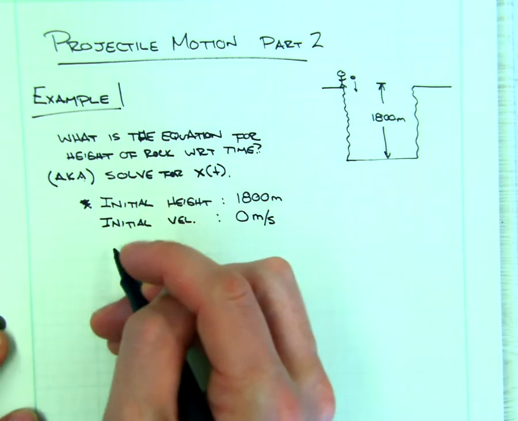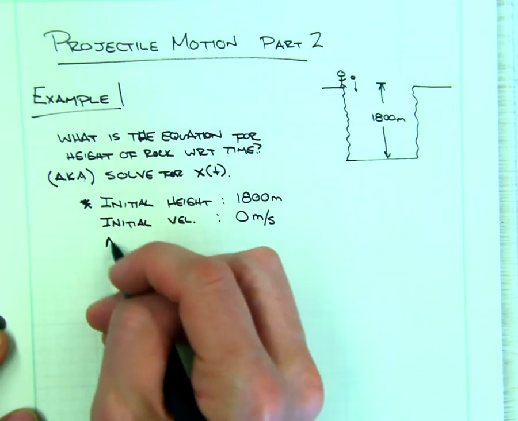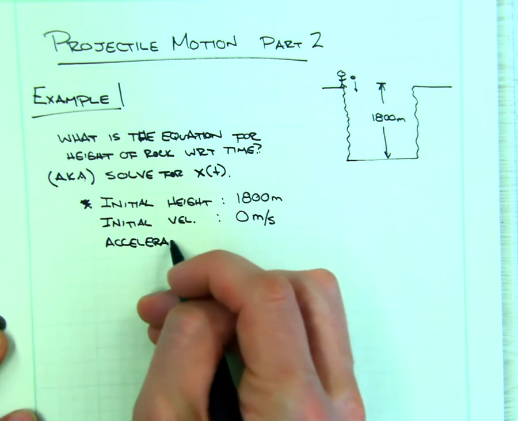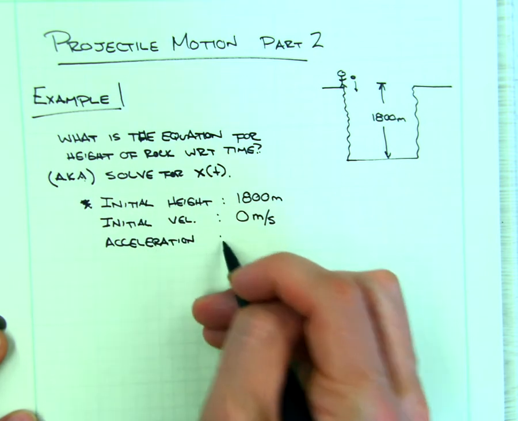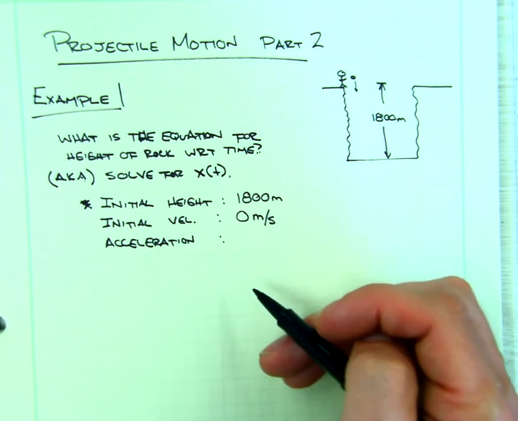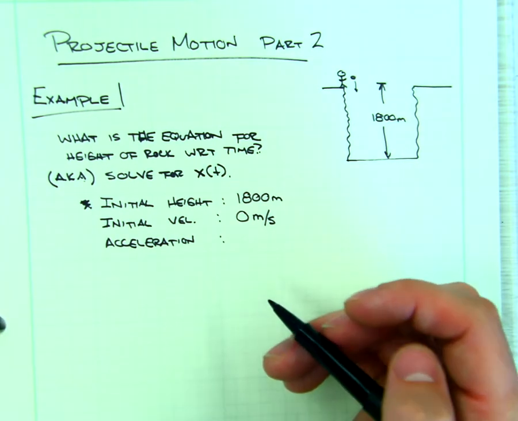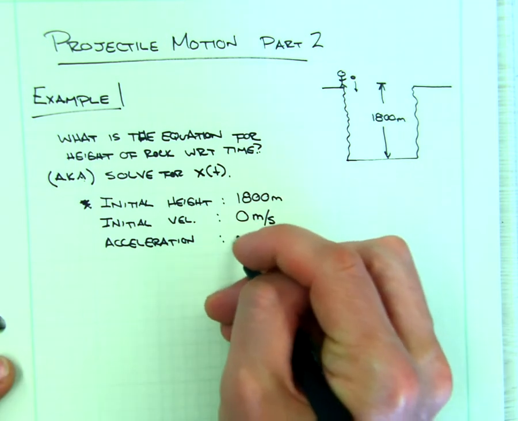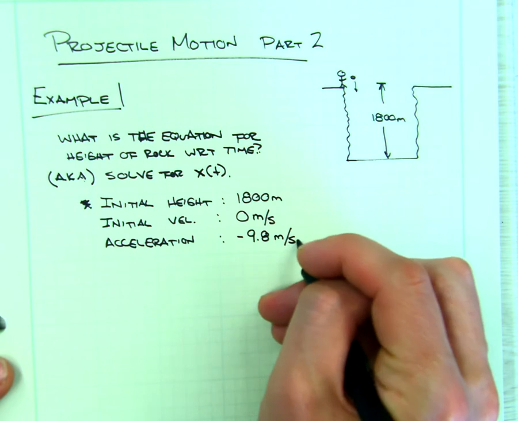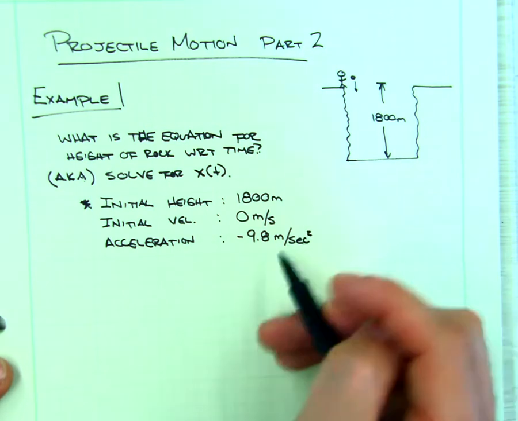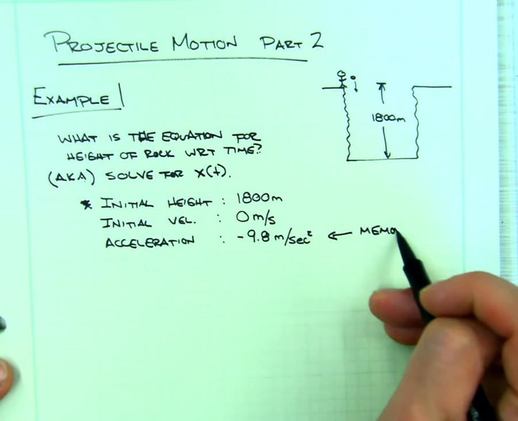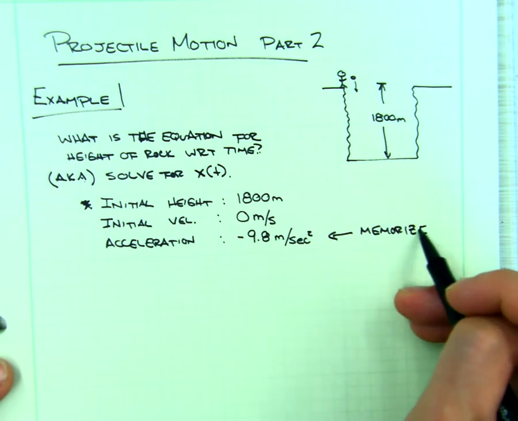You also know that the acceleration due to gravity, since here we're talking about meters and meters per second, and we needed the acceleration due to gravity in meters per second squared, in this case, it's going to be negative 9.8 meters per second squared. This is another one of those numbers you need to have memorized, and it shows up all the time.